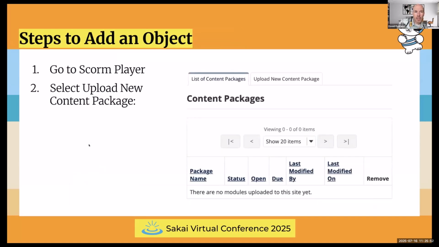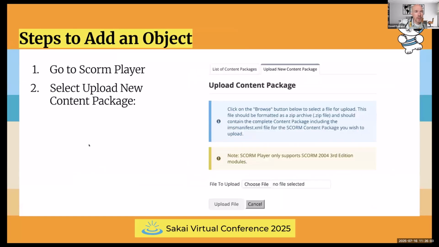So to add a SCORM object, or at least for what we've done with Rise, we go to the SCORM player inside of the course. We select to upload a new package using that tab that you see there to the right. Then you choose the file. Typically, it's going to be a zip file as far as I know. And as far as I know, Sakai prefers a SCORM 2004 third edition module.